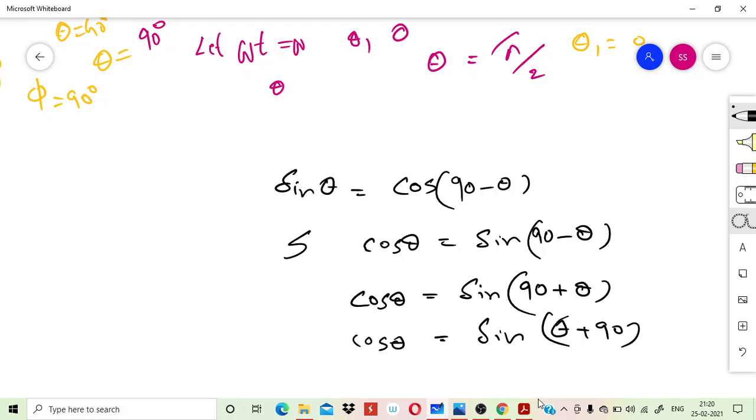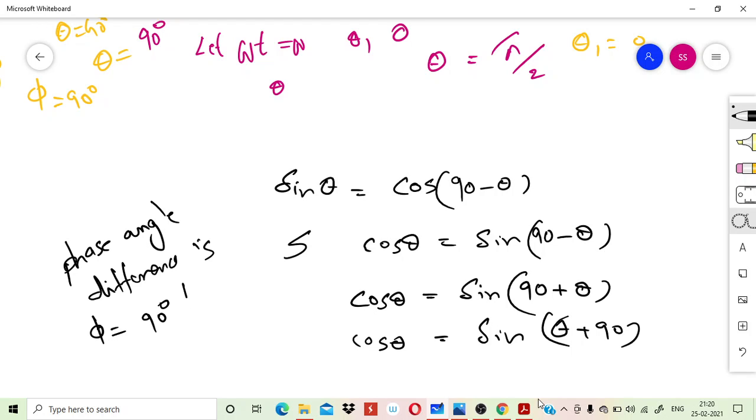That means the phase angle difference phi is equal to 90 degrees between the cos theta function and the sine theta function.